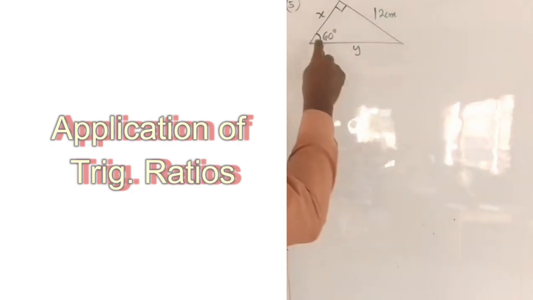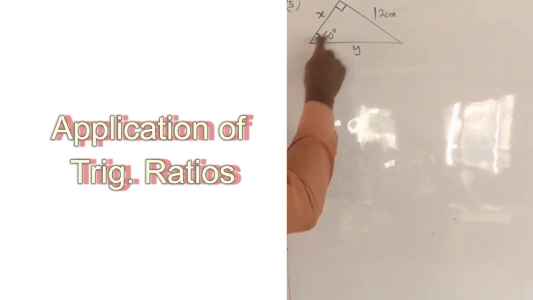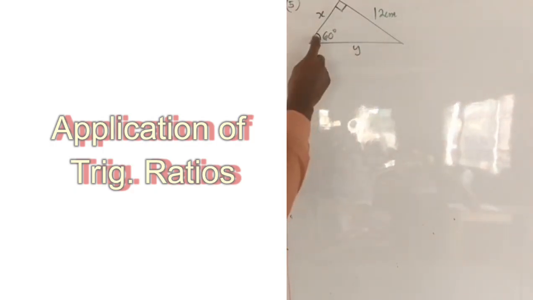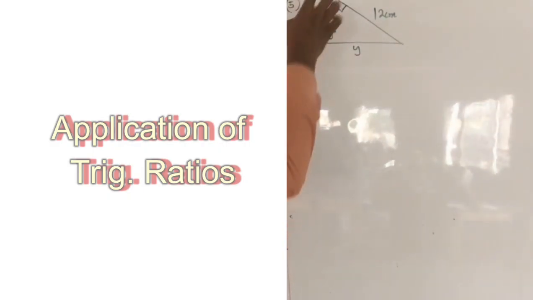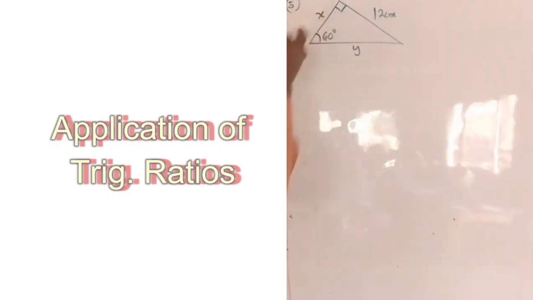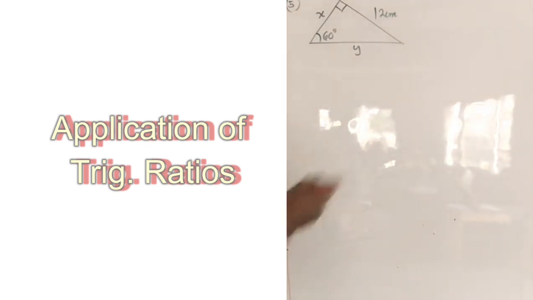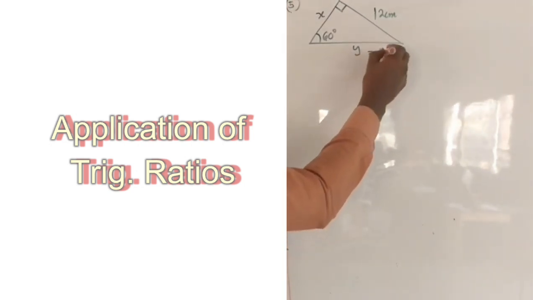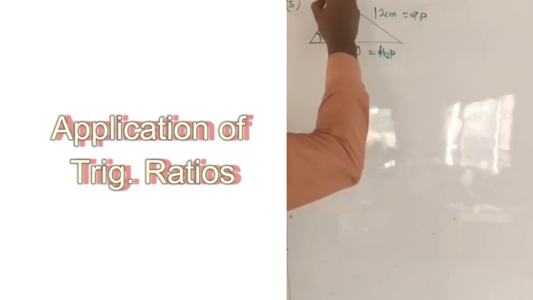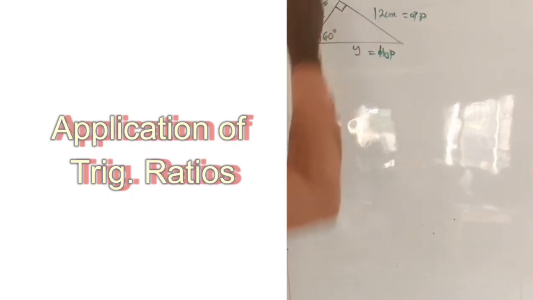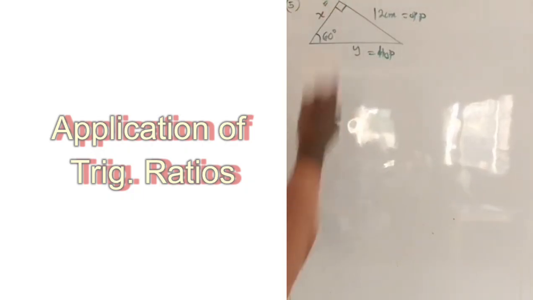So here, the known side given is the opposite to this angle. So opposite is known. So to get x first, let's move on to get x first. First is to identify that this y is what? Hypotenuse. This is the what? Opposite. And this is what? The adjacent. So opposite adjacent is what?